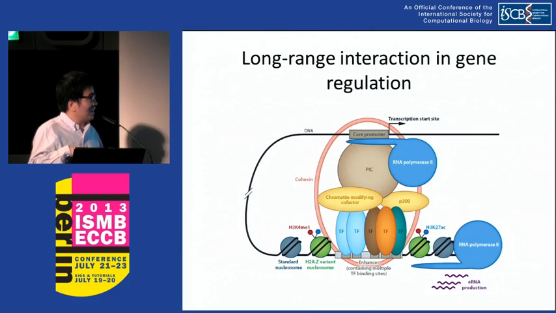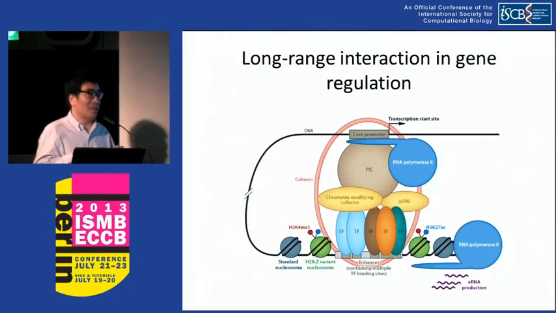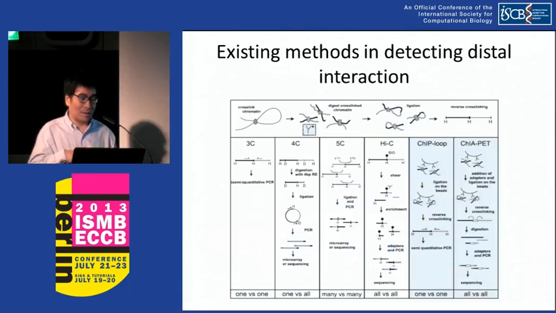But the thing is that sometimes enhancers are far away from those regions. How do you link this enhancer to the target gene? That's a problem. So as the ENCODE data come out, we have the opportunity to use those data to annotate, to relink the GWAS significant SNP with gene relationships.